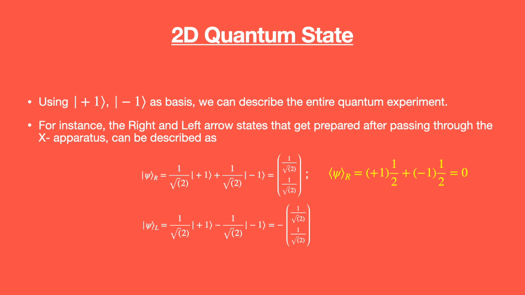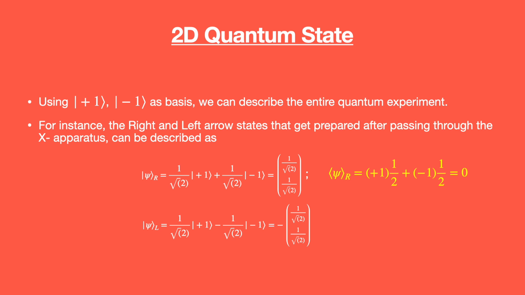Now notice, this doesn't alter the probabilities, because to get the probability from the coefficients which are multiplying the basis vectors, I have to square those coefficients. So the left arrow state also has a 50% chance of giving me a +1 or an up arrow state, and a 50% chance of giving me a -1 or a down arrow state.